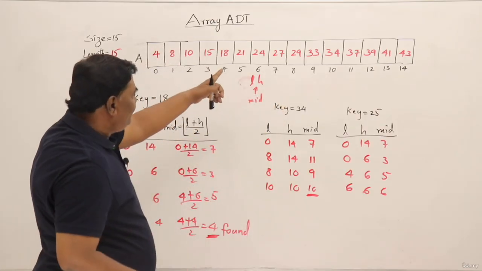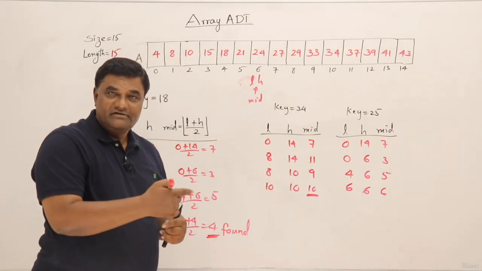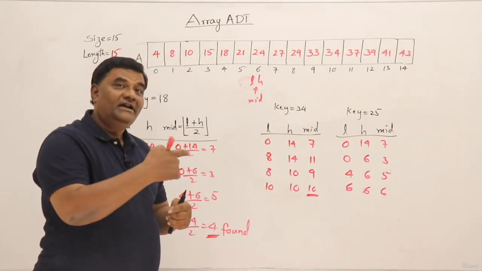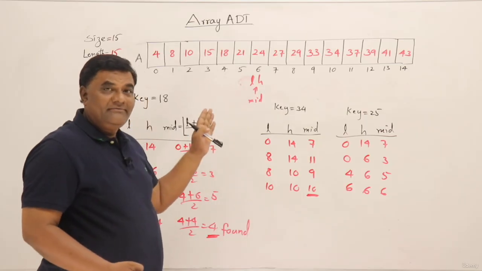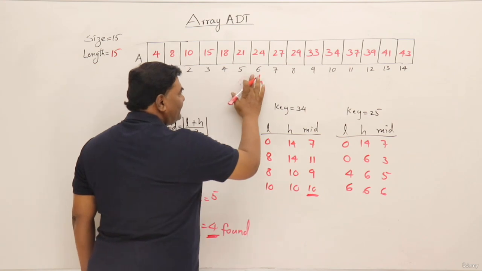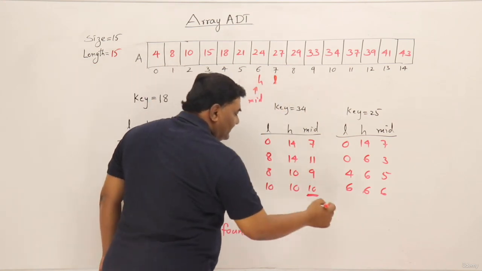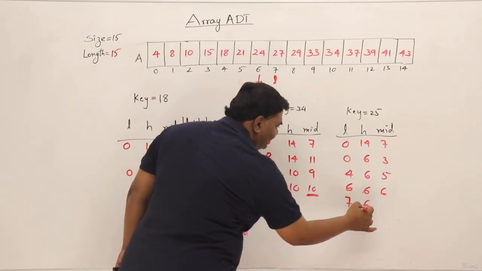Now, is it the element that we are checking for? 25? No, 25 is greater. So modify low. If it is greater, we'll modify low. So low will become what? Mid plus 1. So what is mid right now? It is 6. So low will become 7. So mid plus 1, low will become 7 and high is 6 only.